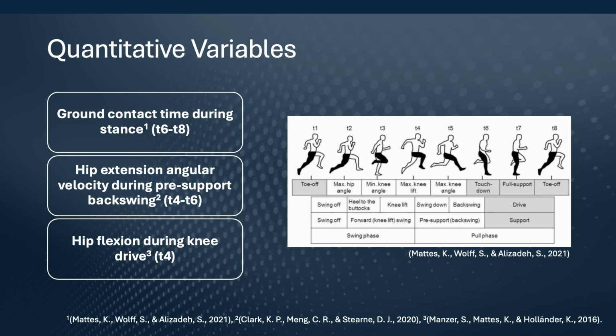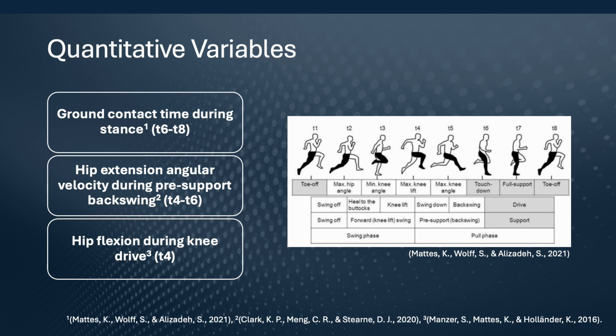And as for hip flexion during knee drive, which is T4, essentially a high knee lift is important because it facilitates more stretch of the hamstrings and gluteus maximus muscles prior to hip extension, according to Manzer, Matz and Hollander 2016. A higher knee drive increases the total displacement of the leg.